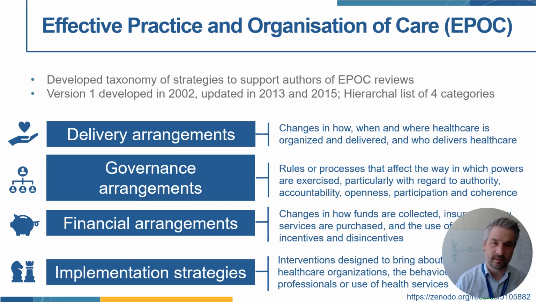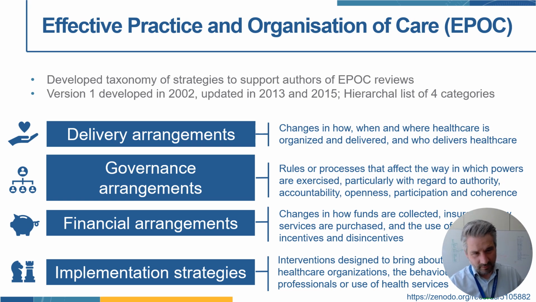And what's neat about the EPOC group is that they developed a taxonomy of strategies to support reviewers or authors of these EPOC reviews to categorize what they were reviewing, which ended up developing its own taxonomy of implementation strategies effectively.